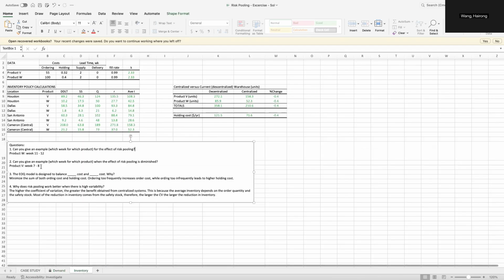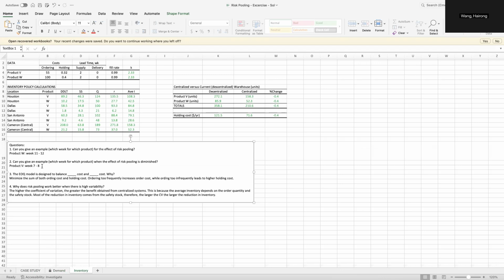All right, so this is one example that the risk pooling is not effective. And you may have other examples. If your example can also show that risk pooling is diminished or effective, then they also work. Okay, and you are also encouraged to share your example with me.